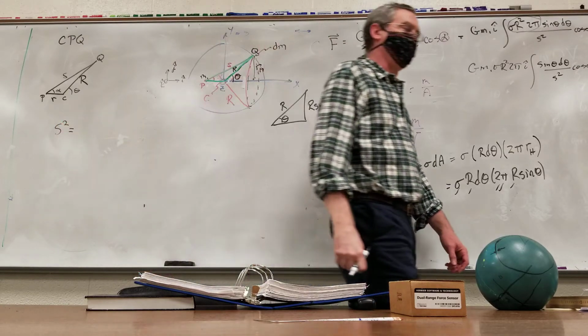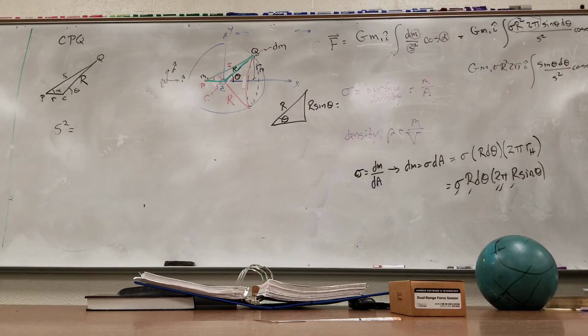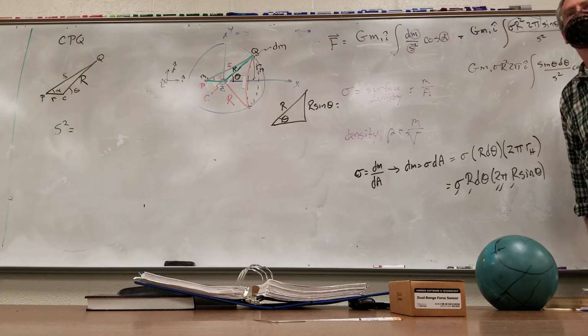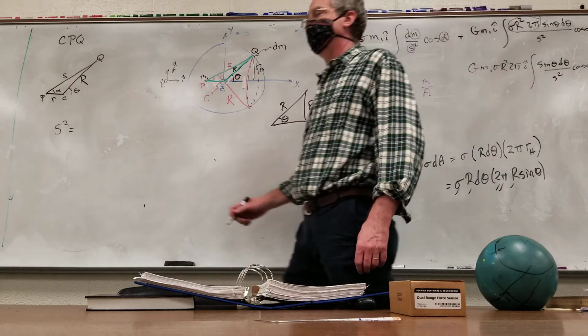All right, law of cosines. What does S squared equal? Little r squared plus capital R squared, I guess.